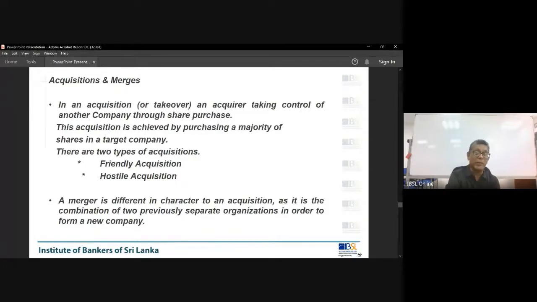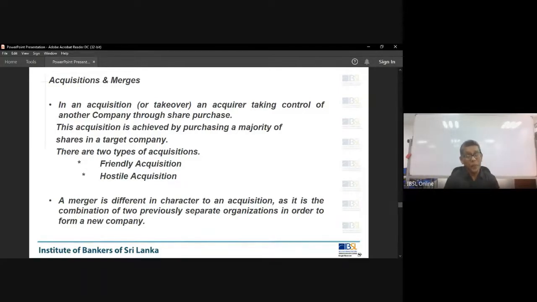I think you may be aware of acquisitions and mergers. Now, what is an acquisition? Basically, it means taking over one particular organization, and it can be of two types: friendly acquisition and hostile acquisition. A friendly acquisition means the other party is willing to give up their holdings.